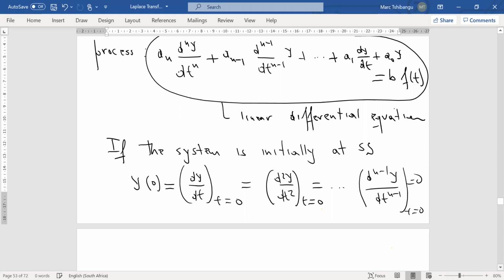So if the system is initially at steady state, we can assume that all these derivatives and y at 0 are equal to 0.